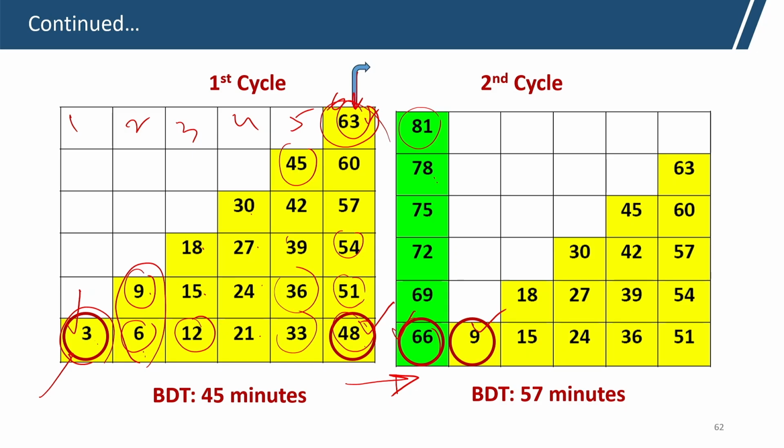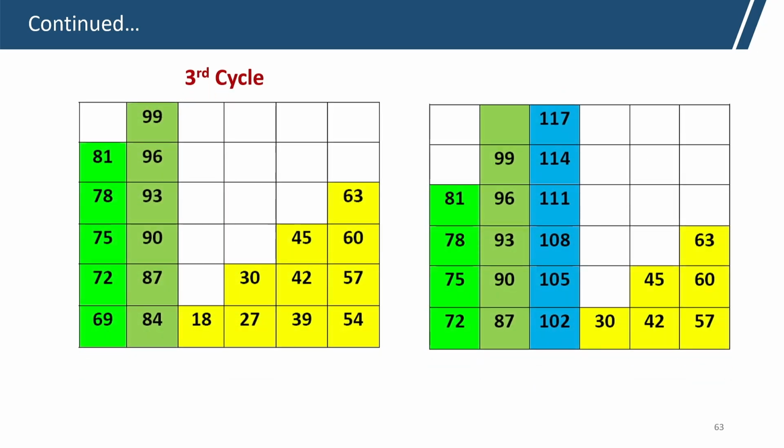Now, let us see the third cycle. Earlier it ended at 81, now it is becoming 84, 87, 90, 93, 96, 99.